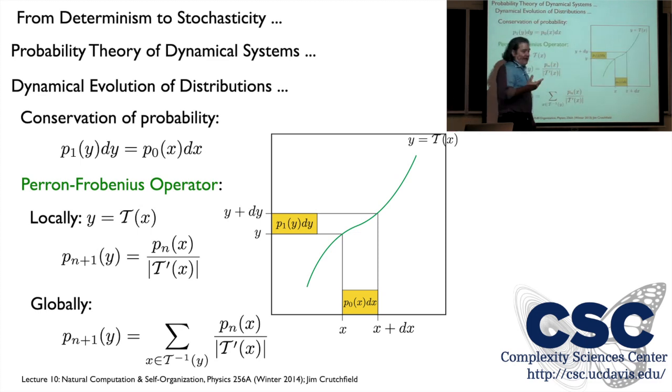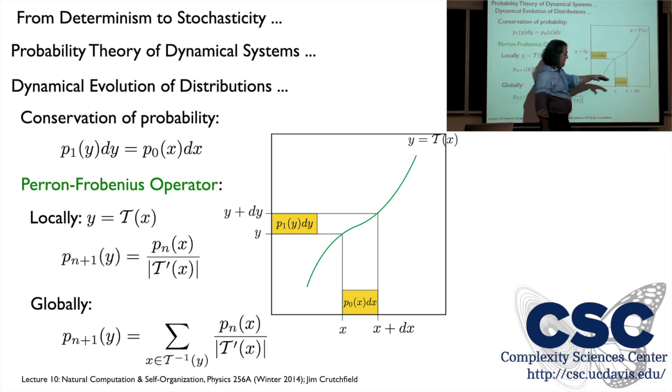Well, the main idea just relies on conservation of probability. So let me describe this to you graphically first, and then I'll go through the notation. The goal here is to generalize the dynamic that we have that takes states to states to a dynamic that operates on distributions. Okay, so the first step is we assume conservation of probability over time.